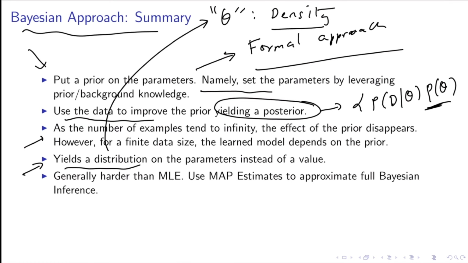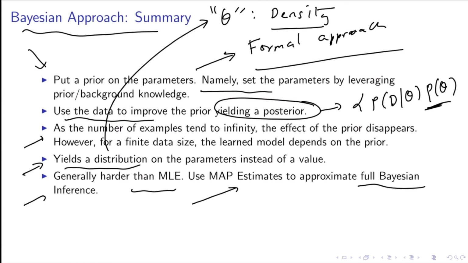Generally, full Bayesian inference will be harder than performing inference on parameters estimated using the maximum likelihood estimation approach. However, if we use MAP estimates instead of the full Bayesian approach, our inference complexity in many cases will be the same as the MLE approach.